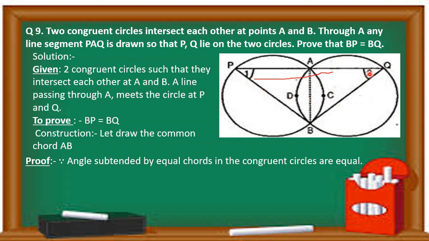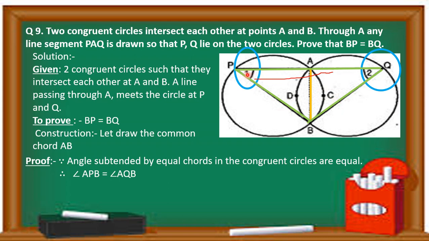So these two angles are equal, and the names of these two equal angles are angle APB and angle AQB. Both are equal. Now observe the triangle PQB. In this triangle, angle 1 and angle 2 are equal, and by the property of a triangle, the sides opposite to these two equal angles are also equal.